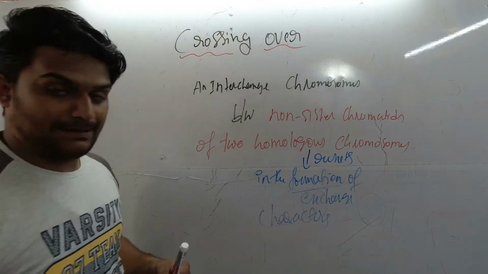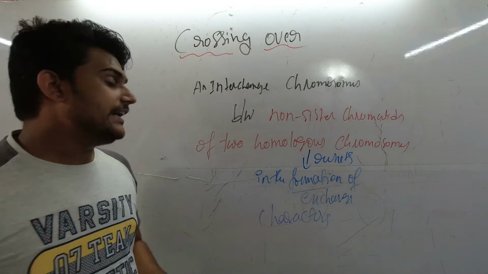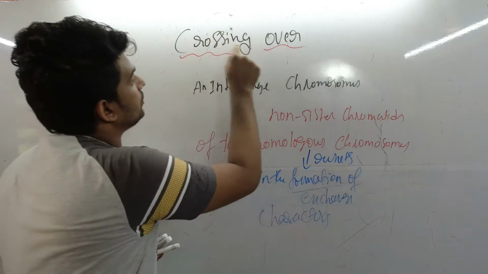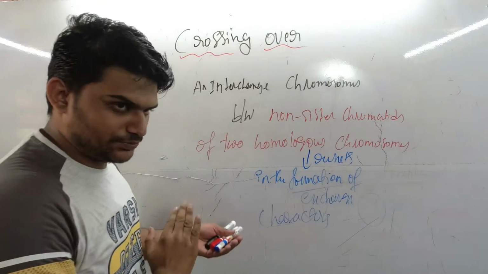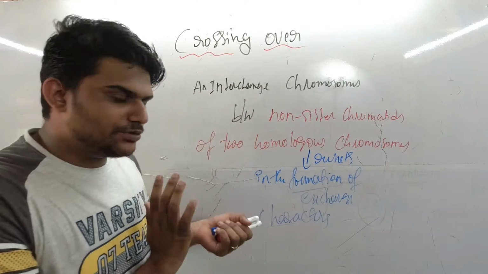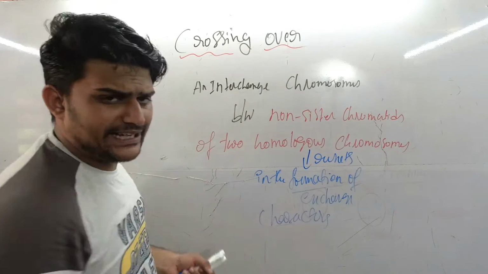This will happen, not may. This is going to happen when crossing over takes place. What is going to happen? An interchange in the chromosomes. A small part of the chromosome is going to get interchanged. I'll show you in the diagram itself.